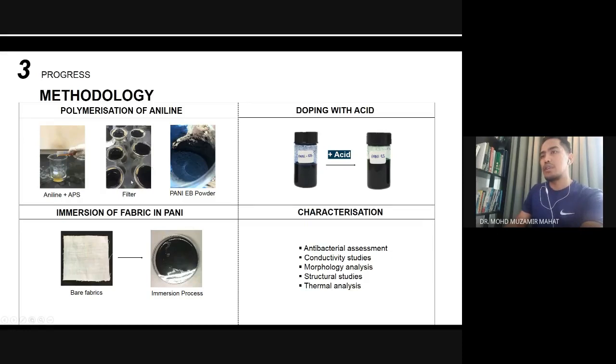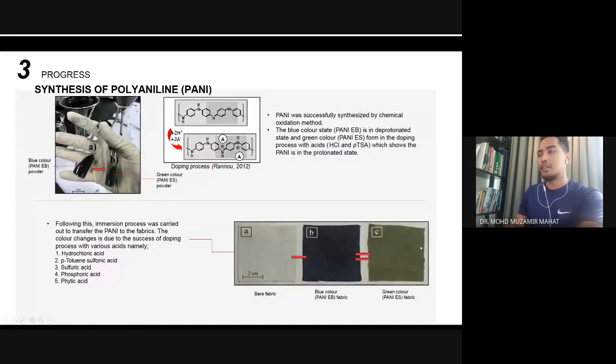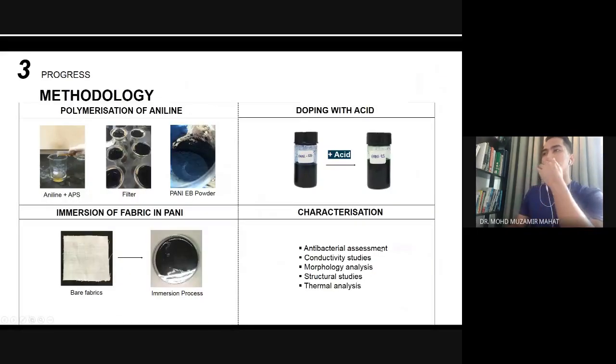And after some filtration, we get the polyaniline emeraldine base powder. Then we introduce acid to make it green. And then we do the immersion of the fabrics into the solution. And we finally get what we have here. These are the colored fabrics in which we introduced polyaniline within the system.